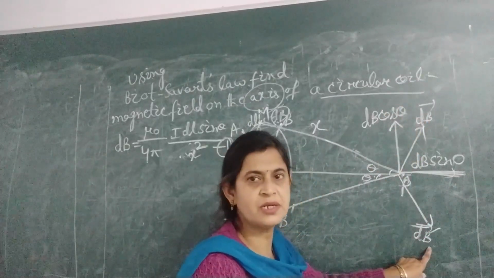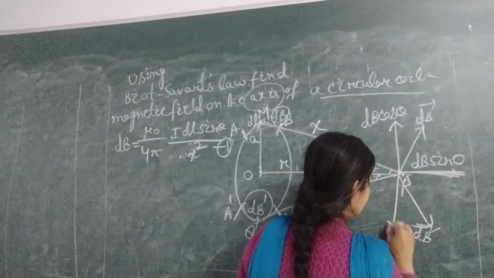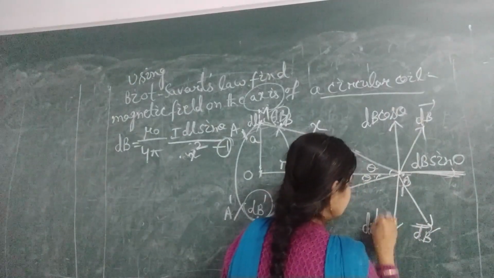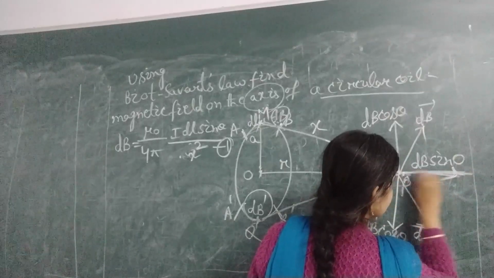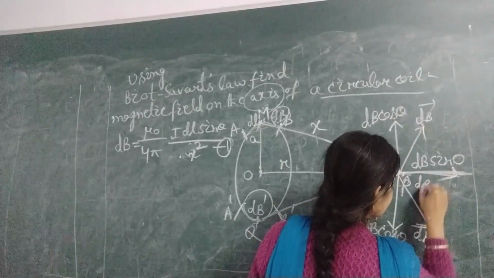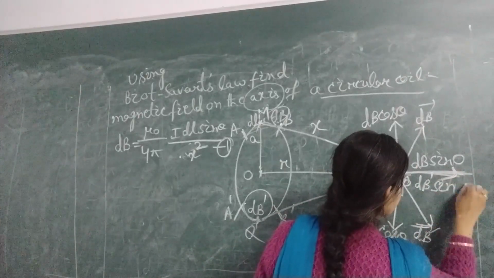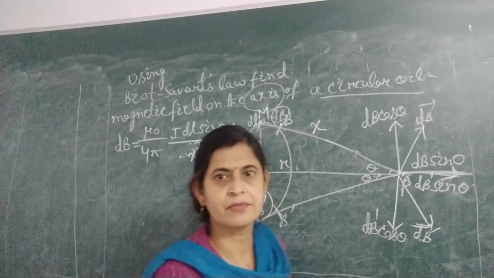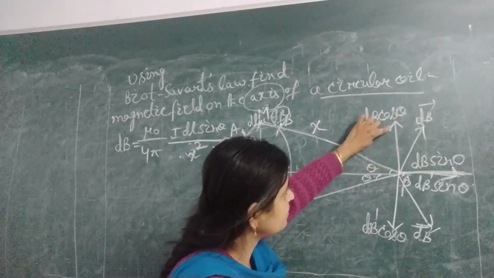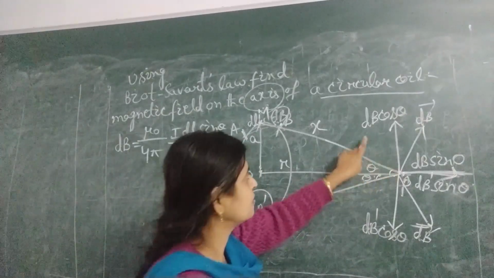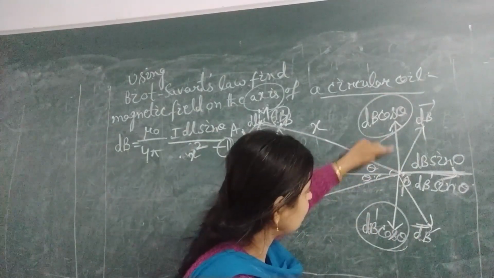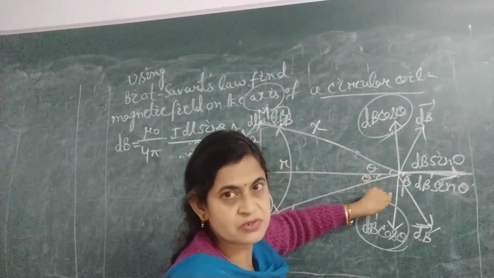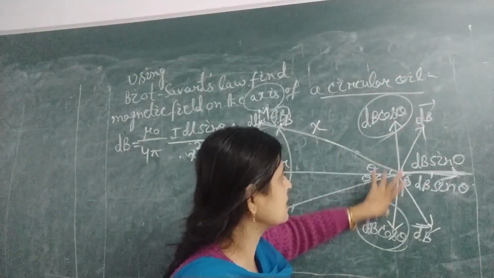Similarly, for dB dash, the vertical component will be dB dash cos theta, and the horizontal component will be dB dash sin theta. Now, from this diagram, it is clear that dB cos theta and dB dash cos theta are equal and opposite. So, they will cancel each other.